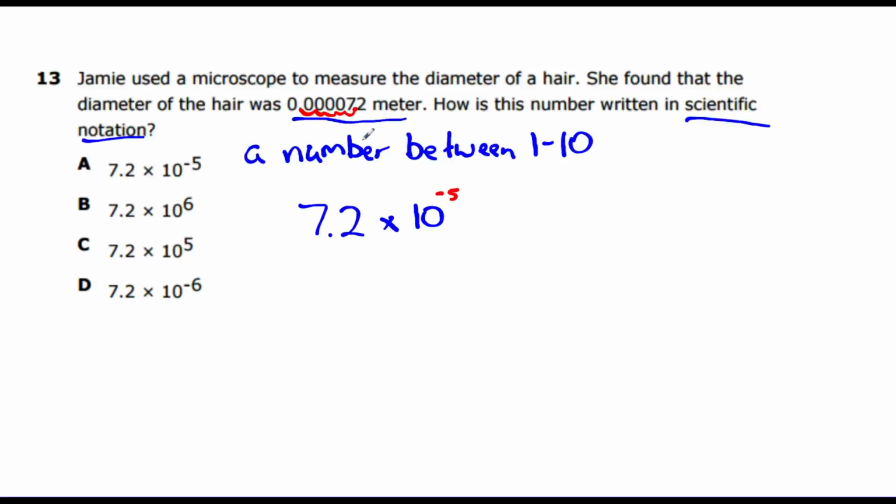Anytime it's less than 1, we use negative exponents, which gives us answer A. So if you picked D, you just counted wrong. You probably counted all the way to the end. Remember, it has to stop wherever the number is between 1 and 10. And if you picked positive, you just forgot that small numbers get negative exponents.